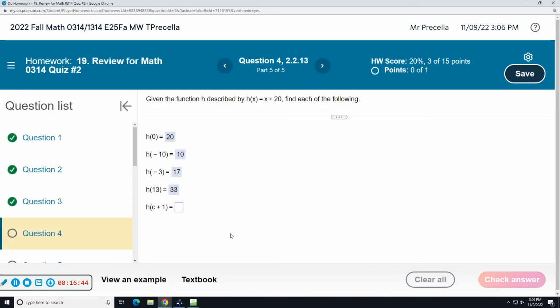And one more. H of c plus 1. It's a good thing I looked back. I want us to find h of c plus 1.